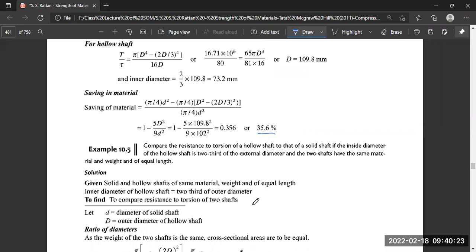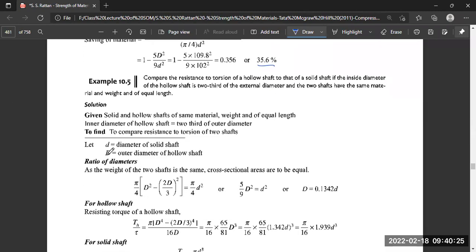So let small d be the diameter of the solid shaft, and capital D the outer diameter of the hollow shaft. The weights of the two shafts are supposed to be the same. So π/4 (D² minus (2D/3)²) for the hollow shaft is equated to the cross-sectional area of the solid shaft, which is π/4 d².